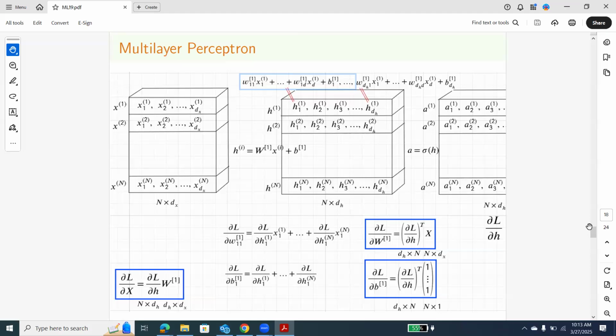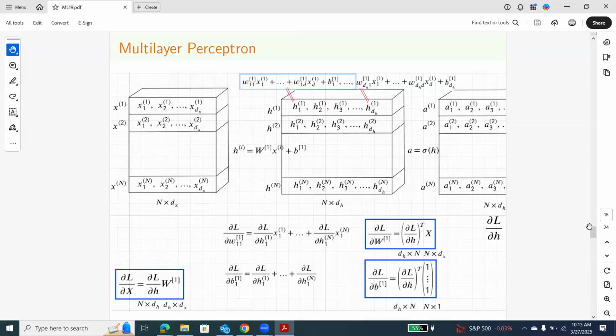It's a little bit confusing here. In my diagram for the neural network, my H was a column, so I used a column for H. In this case, H is a row.